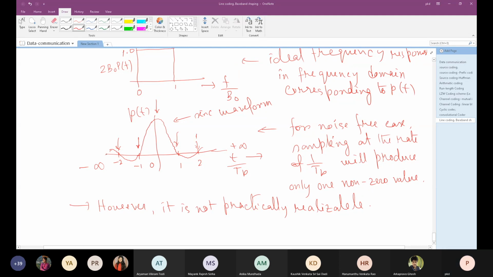Actually, we have an oscillator which is generating a square wave, so we have to manipulate it with a filter such that we generate this waveform. Now that filter has to have a response like this ideal box function, which is again also not realizable.